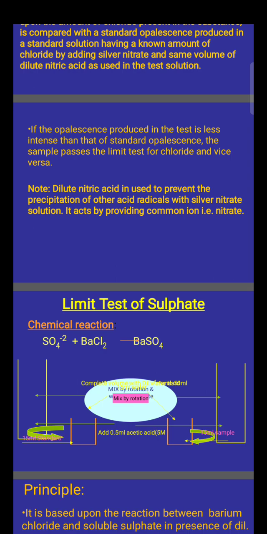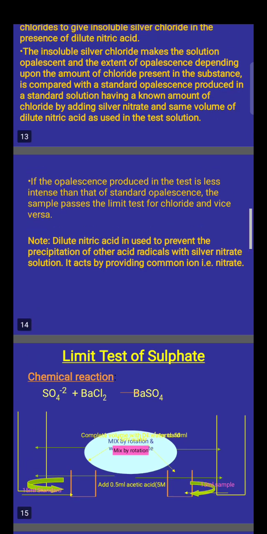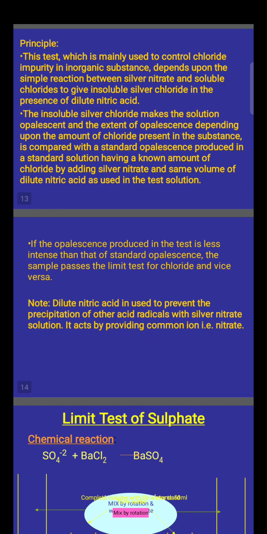It is not in the permissible limit given by the pharmacopoeia. As per the standard value, it should not be greater than 25 parts per million. Okay, so this is the limit test for chloride.